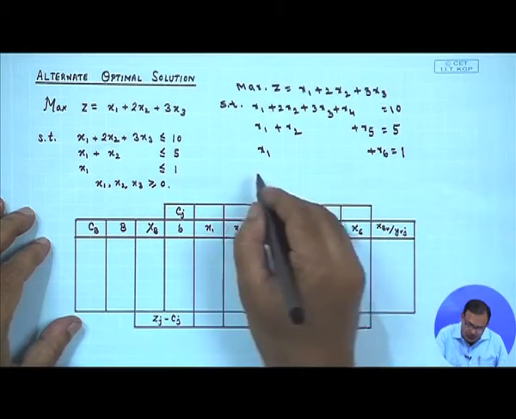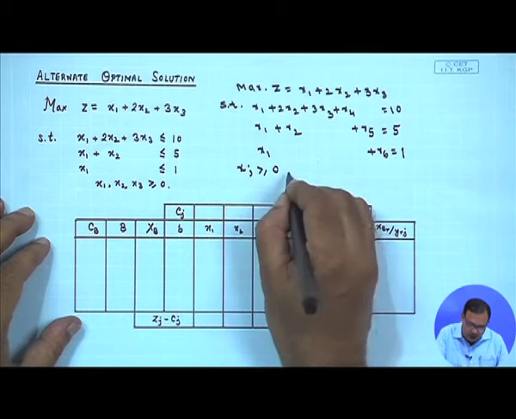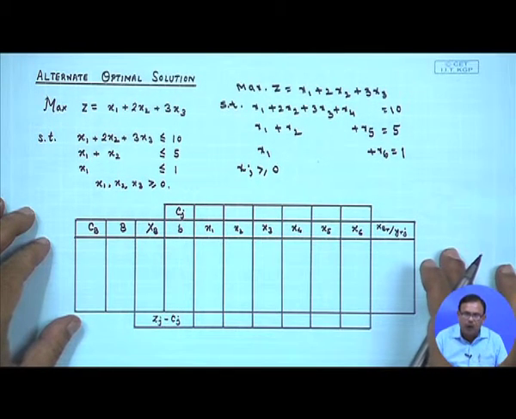And of course, xj are greater than or equal to 0 for j equals 1 to 6.